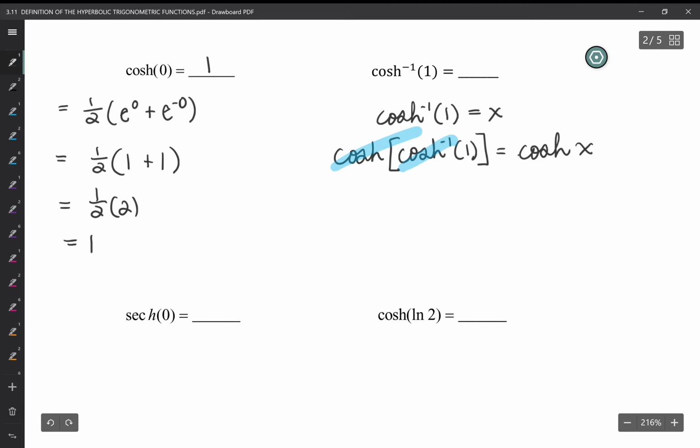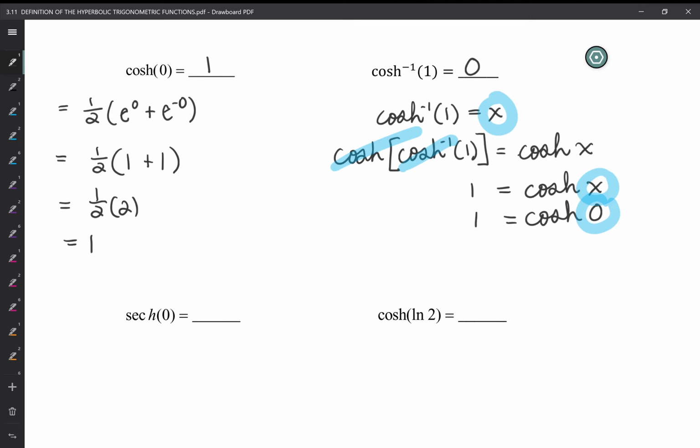Our two functions cancel, and we're left with 1 is equal to the hyperbolic cosine of some number x. We just found that the hyperbolic cosine of 0 is equal to 1. So 0 is that x that we are looking for, and the inverse hyperbolic cosine of 1 is equal to 0.